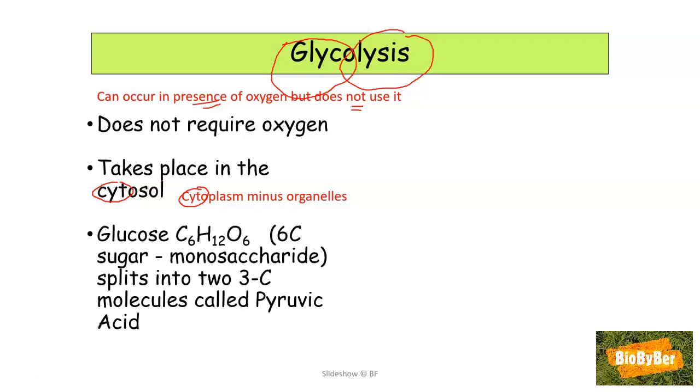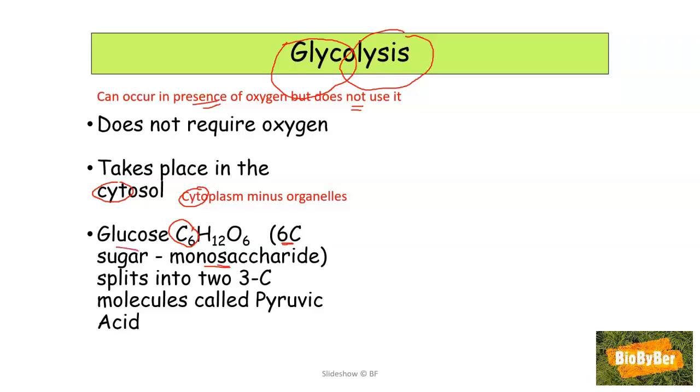Now, in glycolysis, the first stage of anaerobic respiration, glucose, the formula for which is C6H12O6, is a 6-carbon sugar. You can see the 6 carbons, C6, in the formula C6H12O6. It is actually a monosaccharide. We would have learnt this in the food chapter.